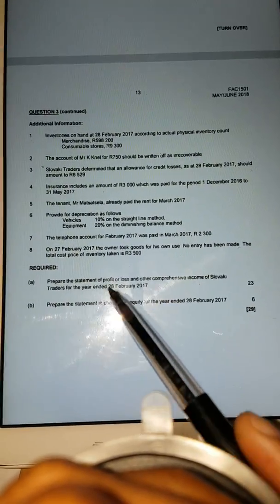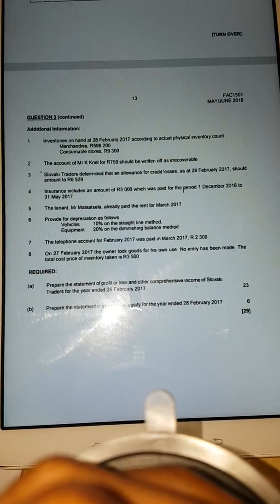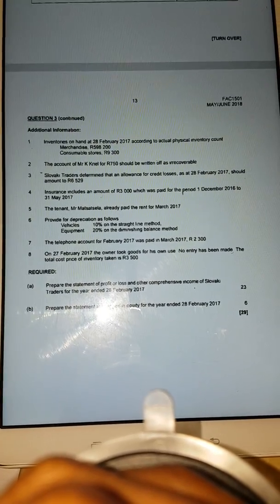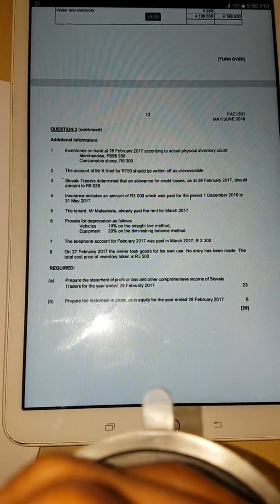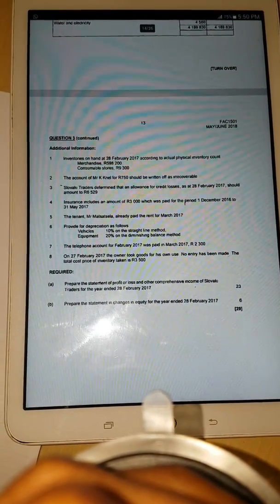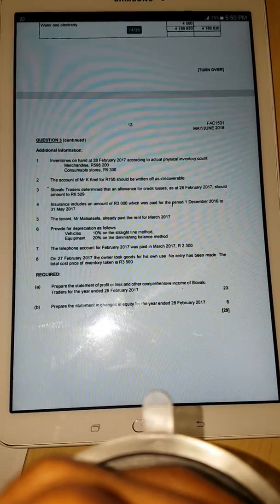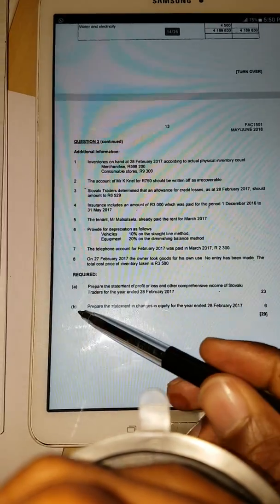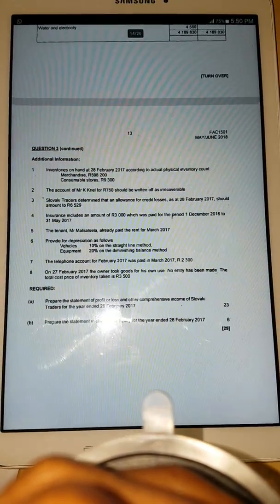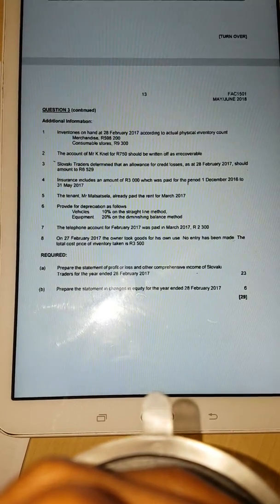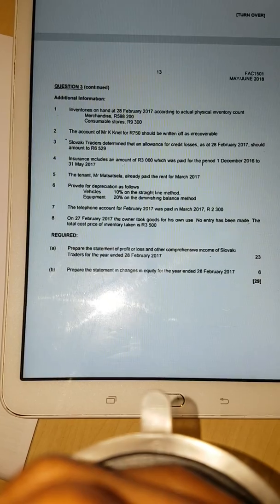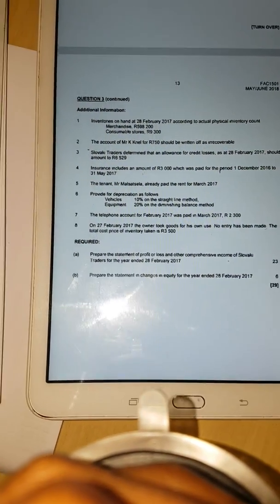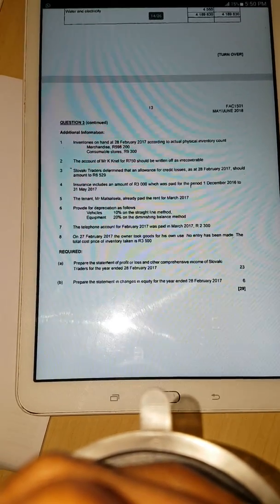It says prepare the statement of profit or loss and other comprehensive income for Slovakia Traders for the year ended 28 February 2017. And we also have question B, which says prepare the statement of changes in equity for the year ended 28 February 2017.